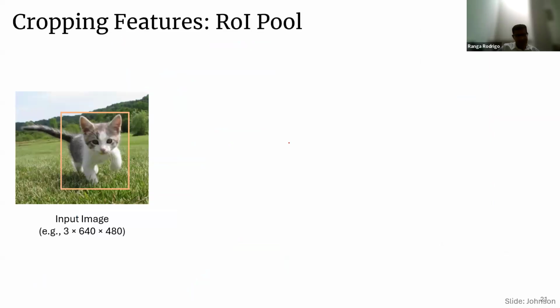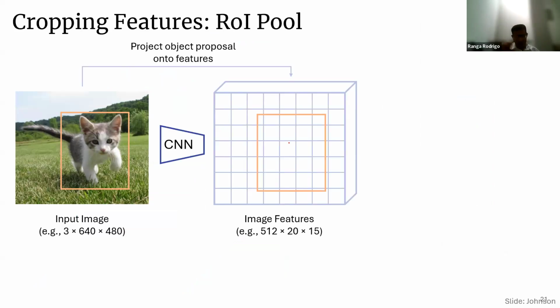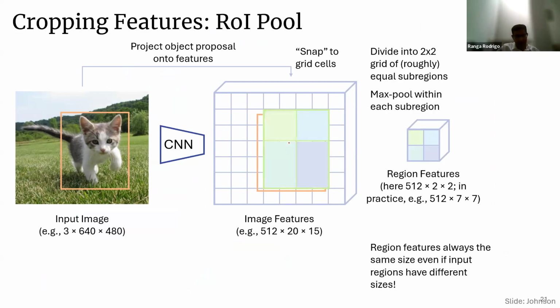Cropping these features is called ROI pooling. You can see a bounding box located on the image, and after the CNN, we locate the bounding box on the feature map. You can see it does not snap to the grid. So you have to make it snap to the grid, and then divide the grid into a 2 by 2 grid, roughly equal neighbors, and then extract the features from those.